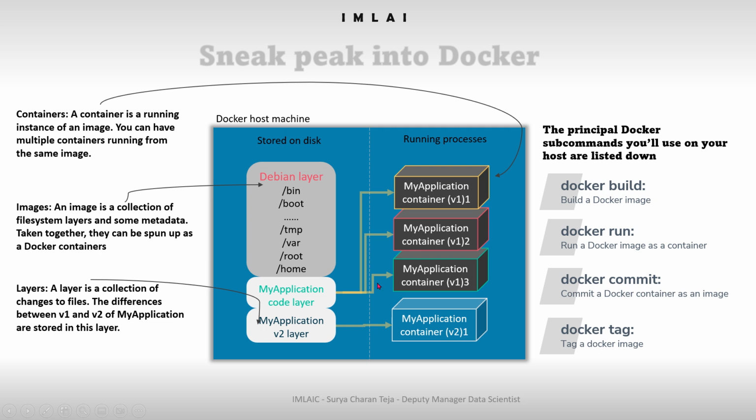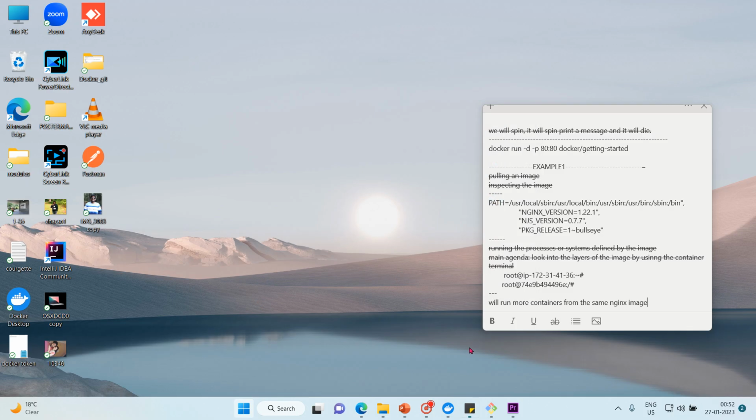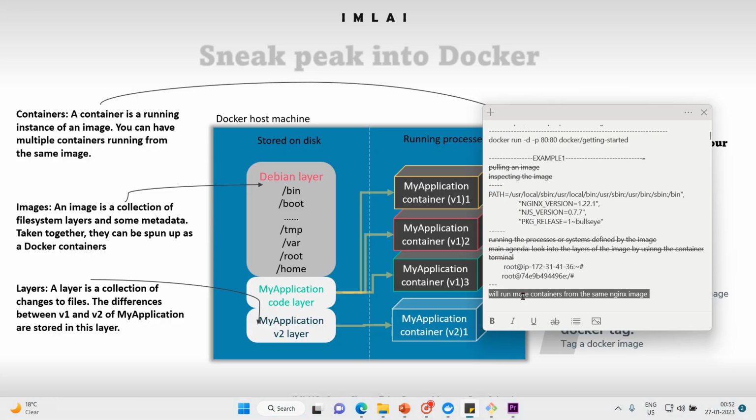With one image, you can in principle run any number of containers with the same image. That's the power of Docker. Hence, we have successfully proven two things. One is the Docker image consists of a miniature level of OS inside it. The second one is that it runs processes with a single image.